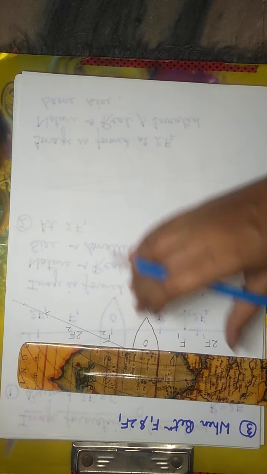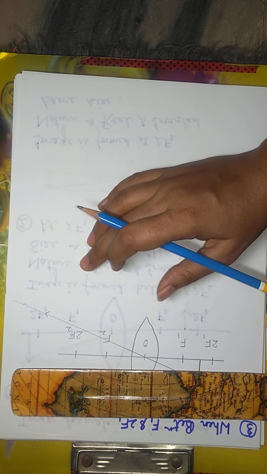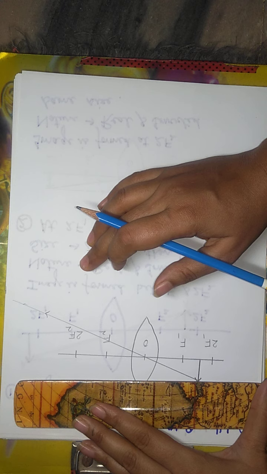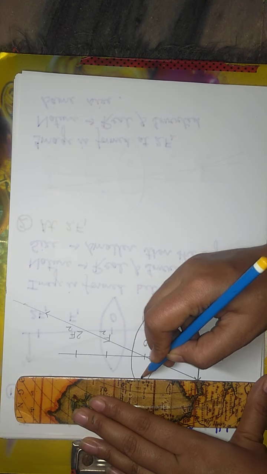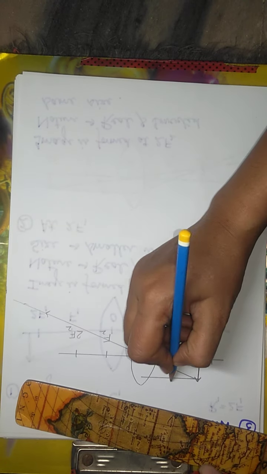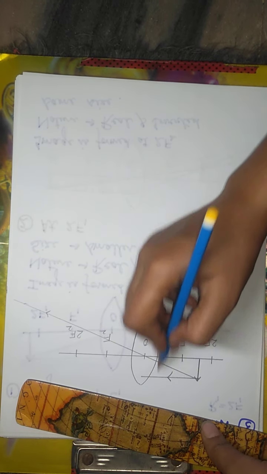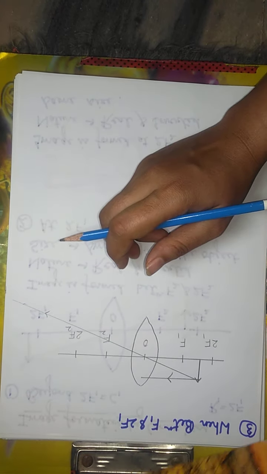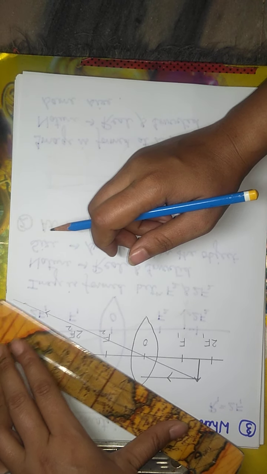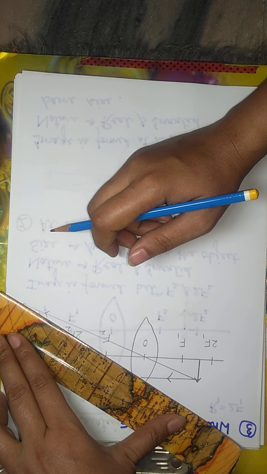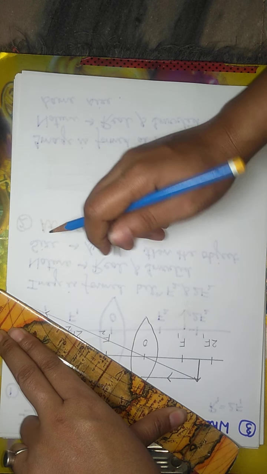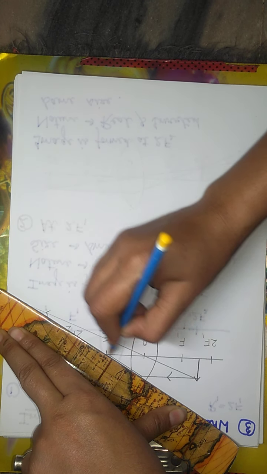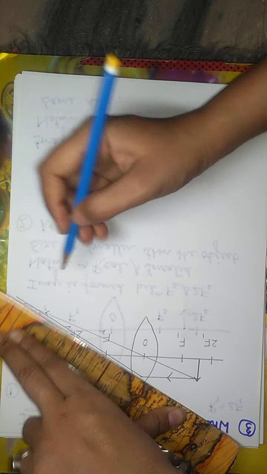Now we'll draw a ray parallel to the principal axis. This is the parallel ray to the principal axis, and the parallel ray will pass through the focus after refraction. So this ray will pass in this manner.